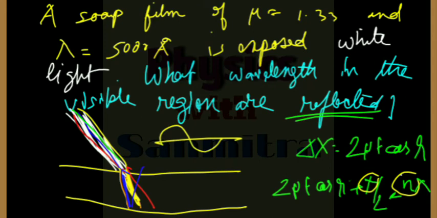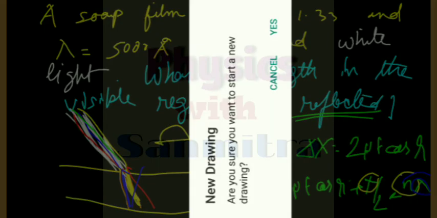They will all have different R. Suppose I assume they all have the same R, we are not going into that much detail, they all will have different lambda, so their path difference will be different. So this del x is dependent on lambda, and white light is a mixture of wavelengths. Let me solve the problem, then you will understand.